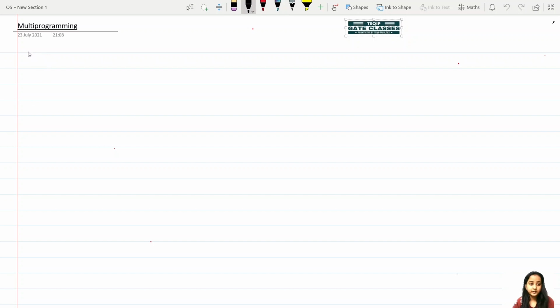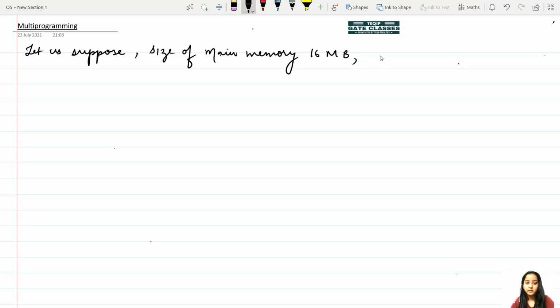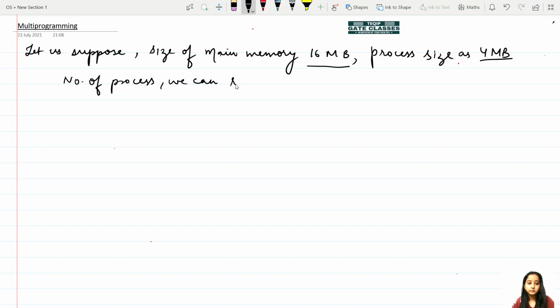Let us suppose initially we have the size of main memory as 16 MB, and the process size as 4 MB.